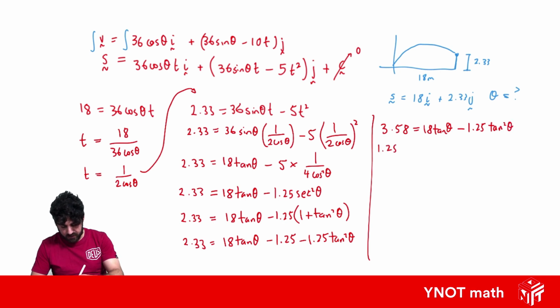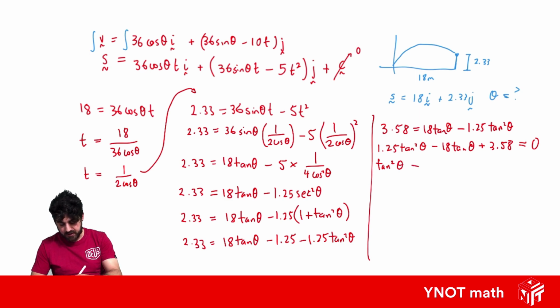So we're going to get 1.25 tan squared theta minus 18 tan theta plus 3.58 equals 0. So you can see we're starting to form a quadratic equation in terms of tan. And we're going to go ahead and divide everything by 1.25. So we just get a monic quadratic.